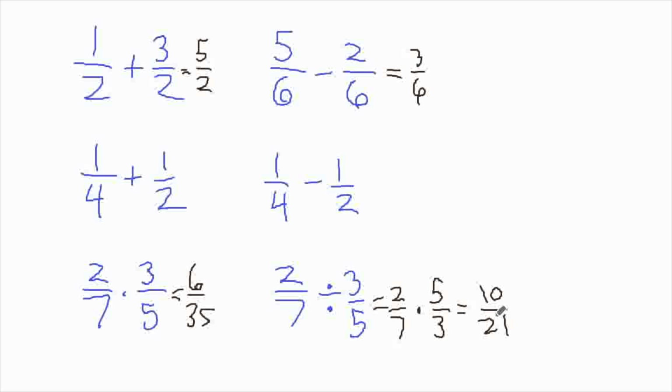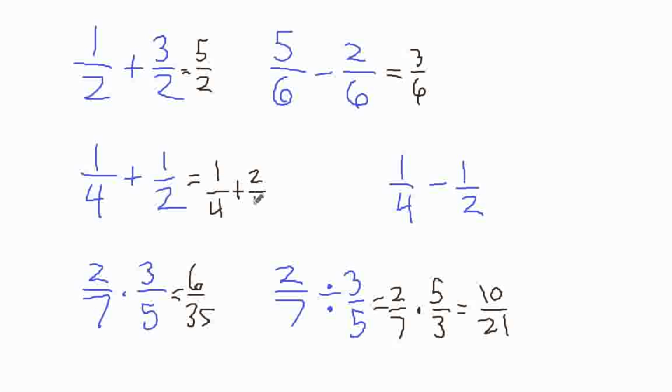Okay, now let me do the middle ones. So you need to convert between fractions so they have the same bottoms. So if you have a half, that's the same as having 2/4, right? So this is the same as 1/4 plus 2/4. All right.